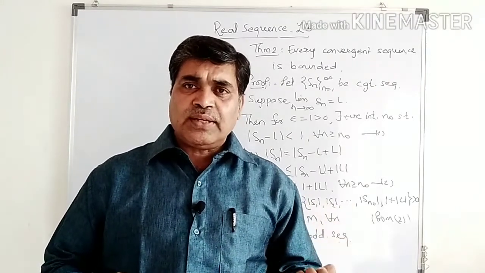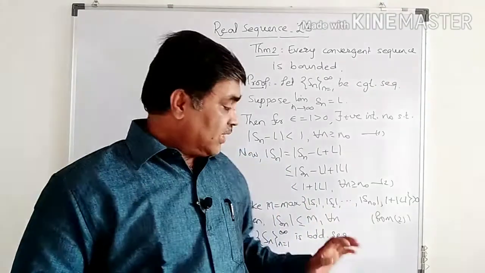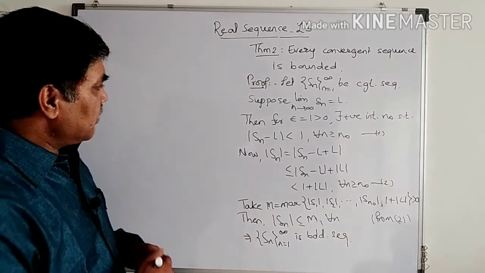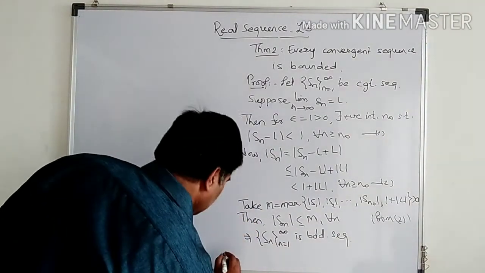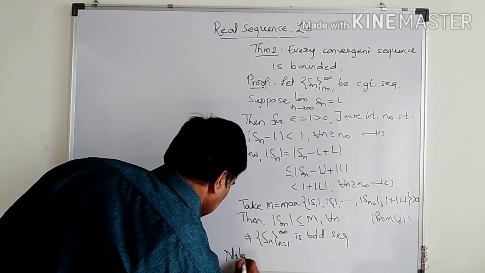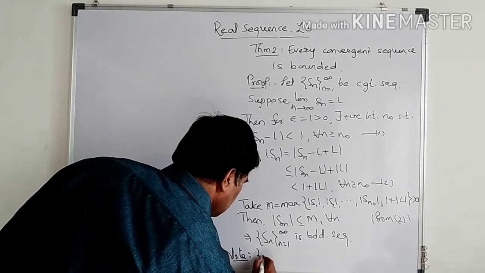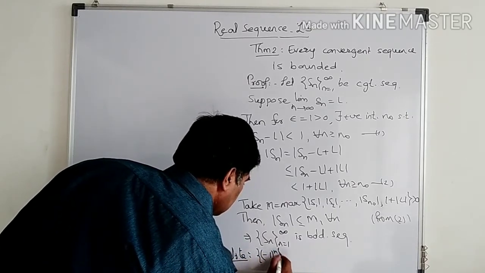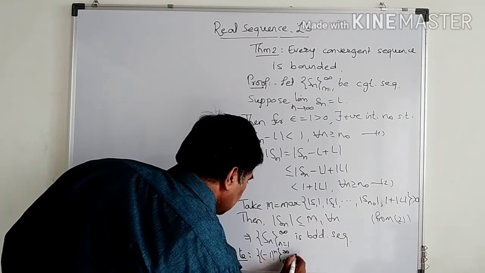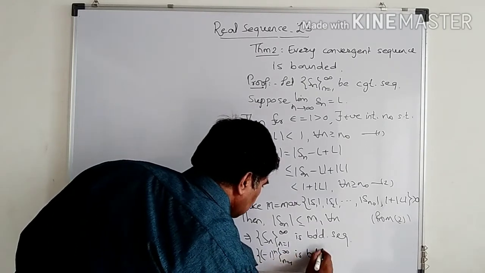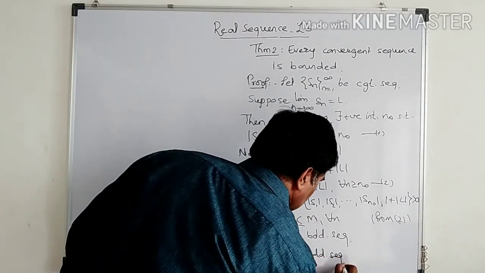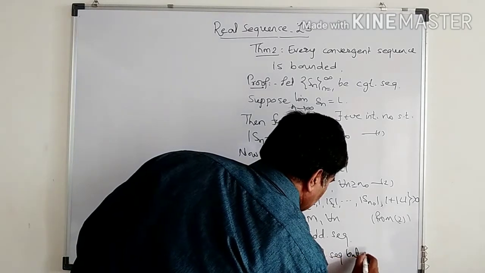Mod Sn is equal to 1, so that sequence is bounded. So note: minus 1 raised to n is a bounded sequence but not convergent.